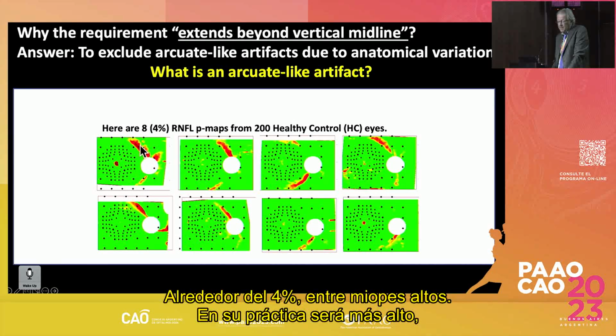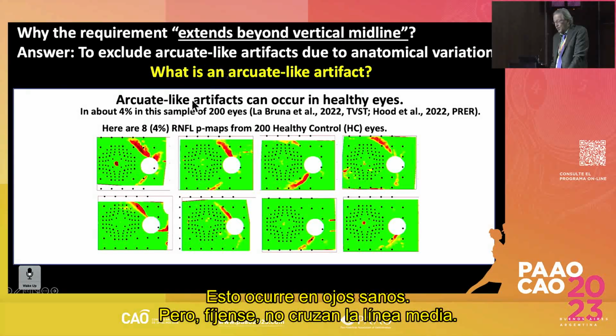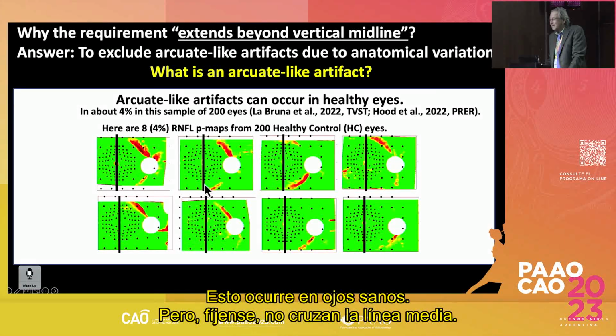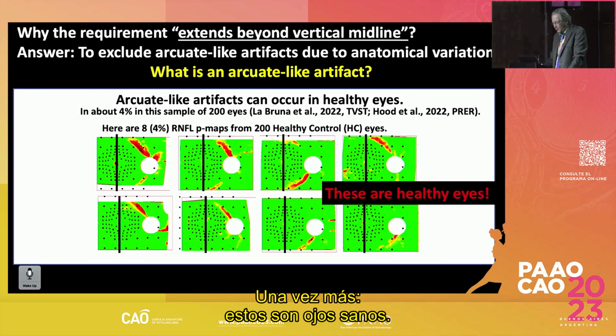It's about 4%. If you have high myopes in your practice, it'll be higher. It could be as much as 10% or so. So this occurs in healthy eyes. But notice they don't cross the midline. If you ask me later, I can tell you why that's true. Again, these are healthy eyes.